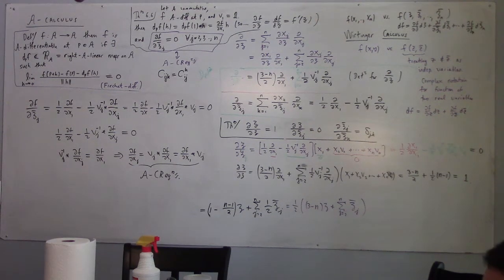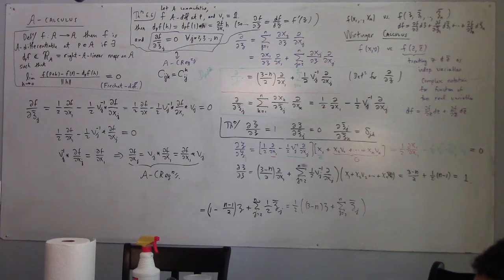Now v2 is j, and j's inverse is j squared. j squared is v3, and its inverse is j. So that's why we have partial zeta is j partial y plus j squared partial z.